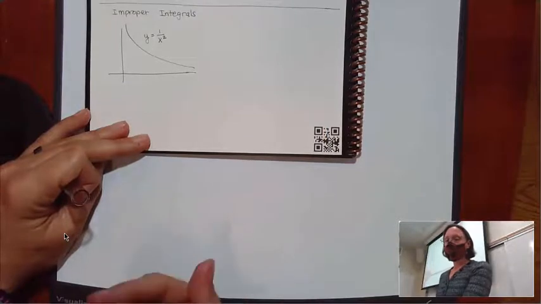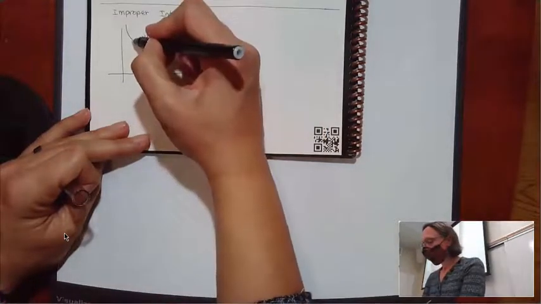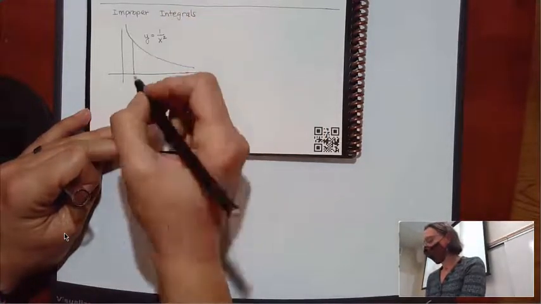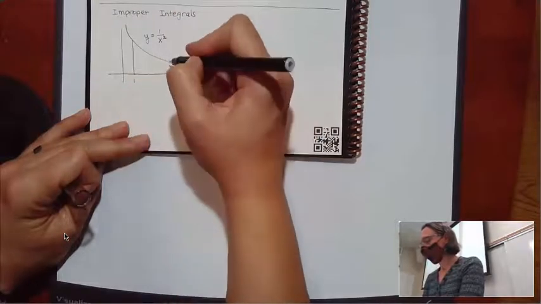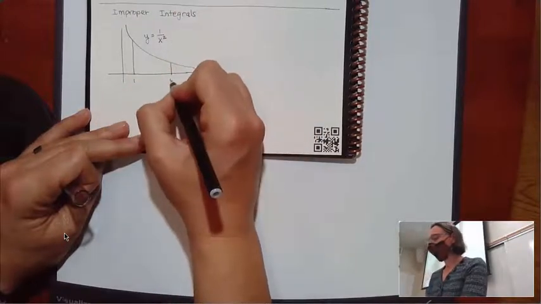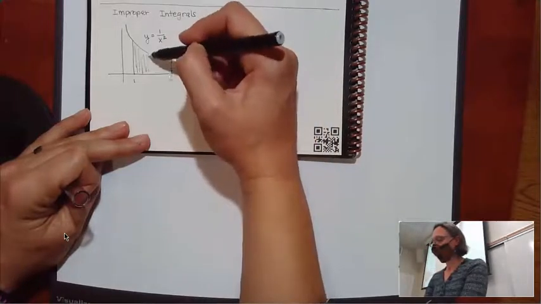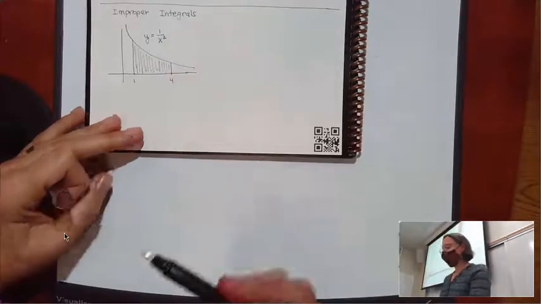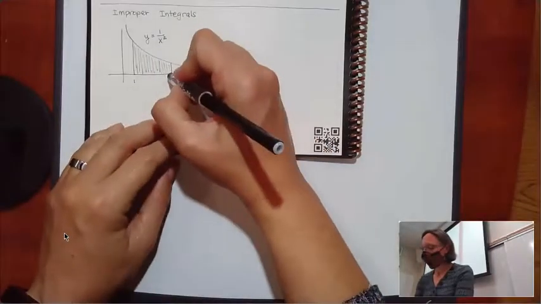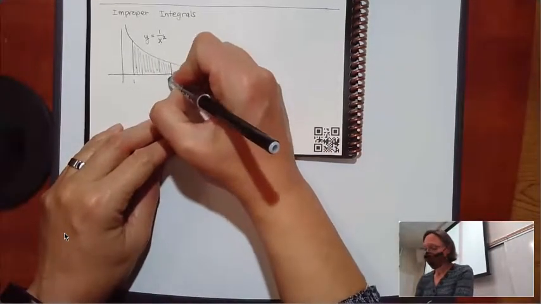So far when we've been finding areas, we've always had finite endpoints, right? Maybe we're integrating from 1 to 4 and looking for the area in here. Well, the idea behind improper integrals is that they're unbounded.